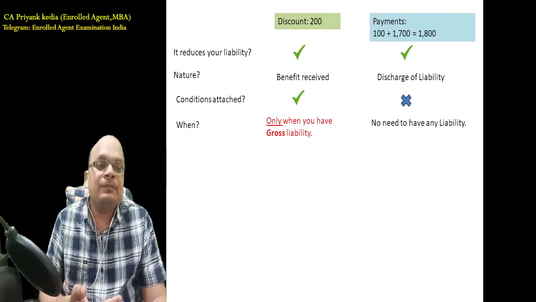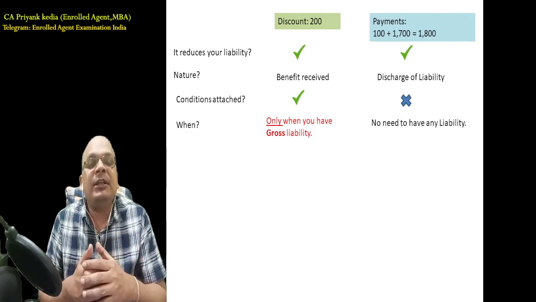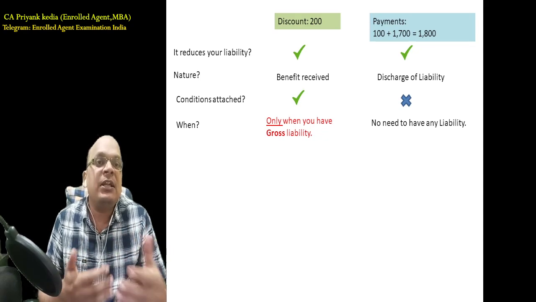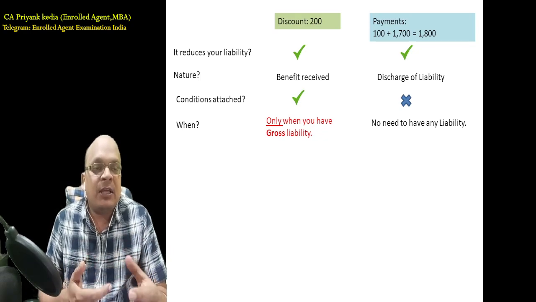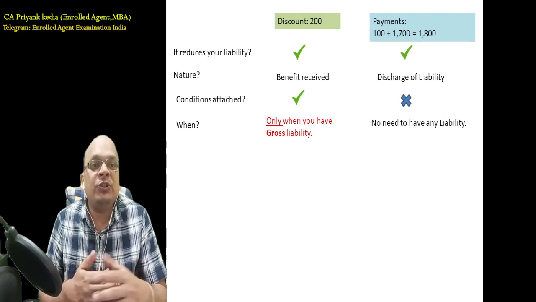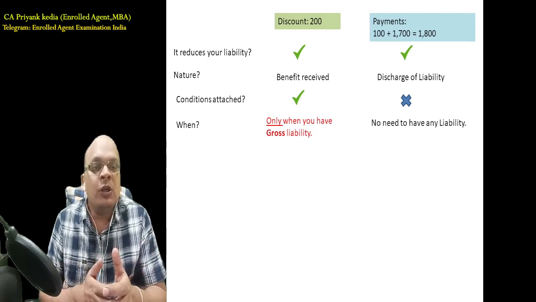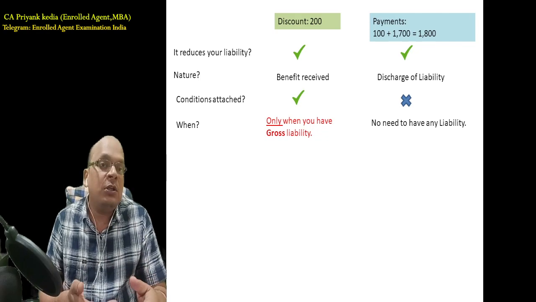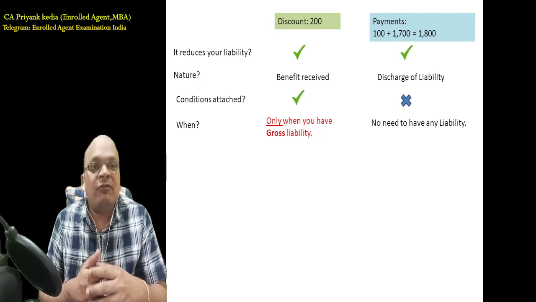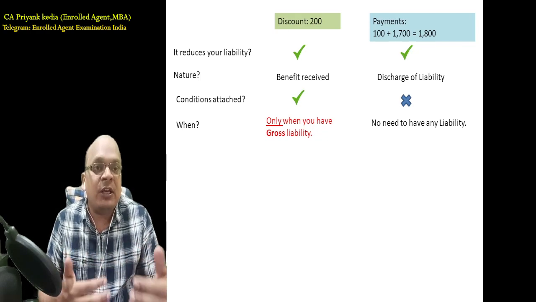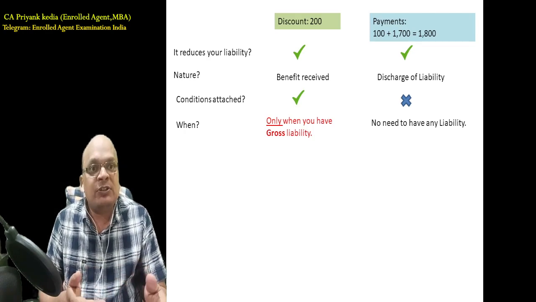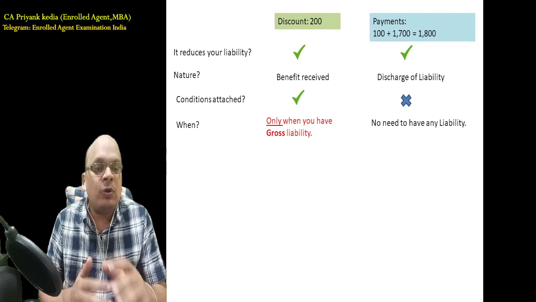But at the same time, you need not have any kind of liability to make the payment to the seller or to the shopkeeper. Sometimes you deposit a certain amount with your nearby shopkeeper, which is near to your house, as an advance for the monthly transactions, right? Even you can make some extra payment over and above your liability towards the shopkeeper by mistake or towards some future transactions. So there is no limit.